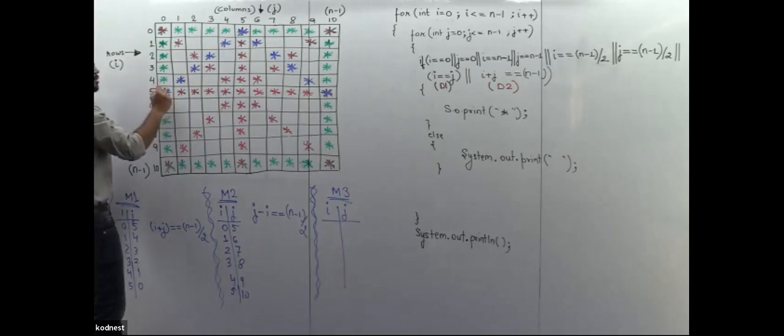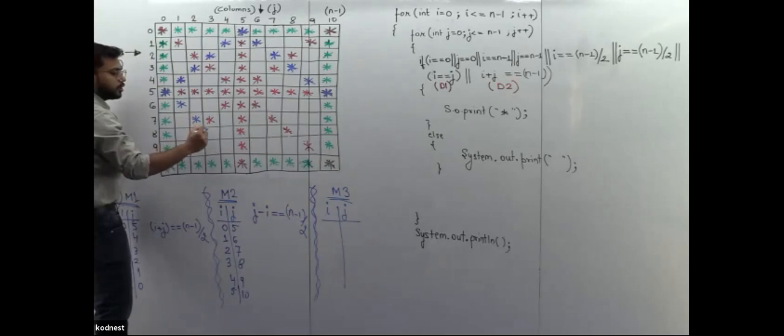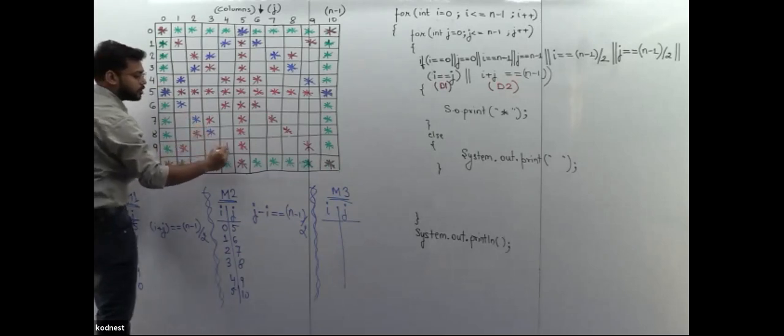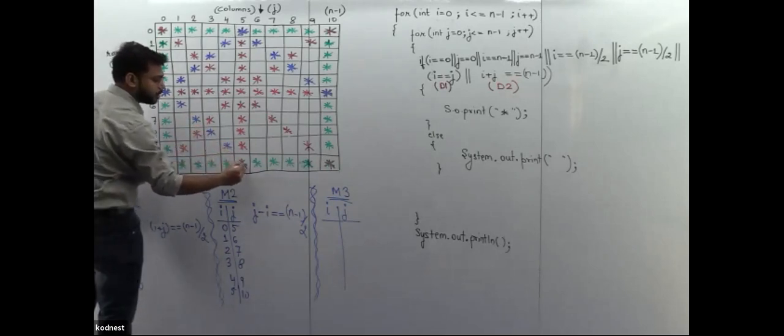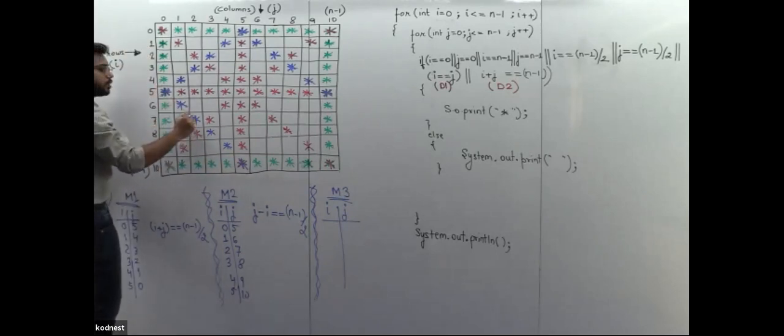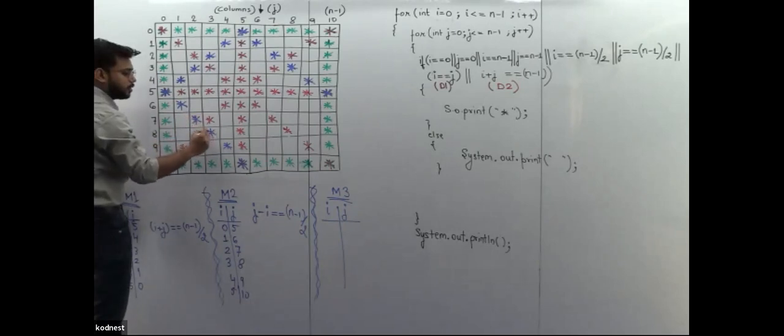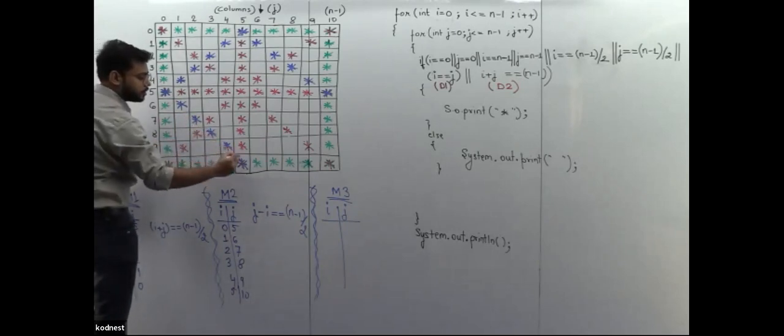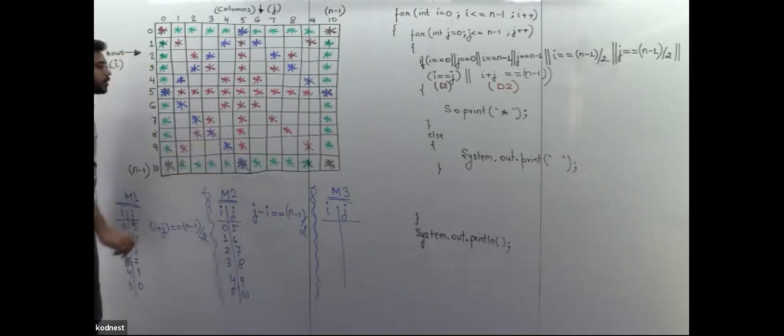This is M3. This is the first star, second star, third star, fourth star, fifth star, like this. Again, one star here, next star, this is the one, this is the next star, and this is the next star.